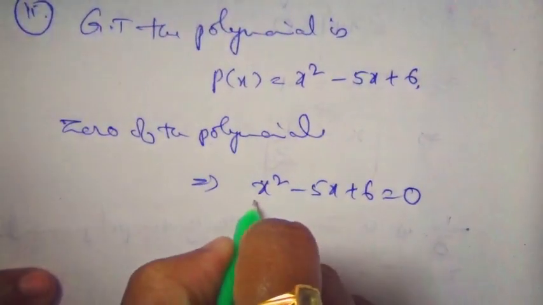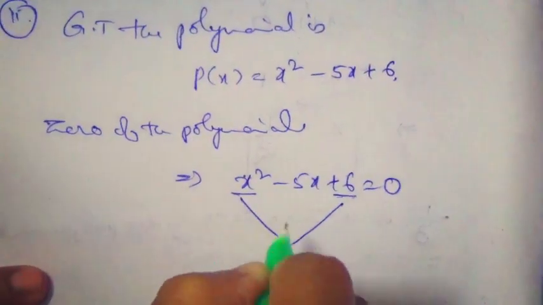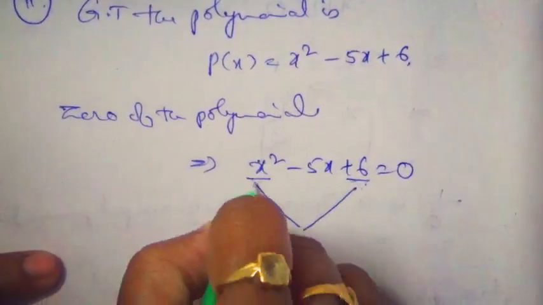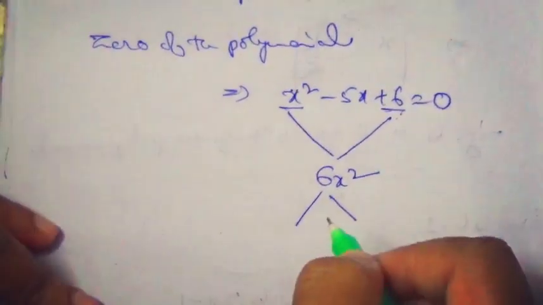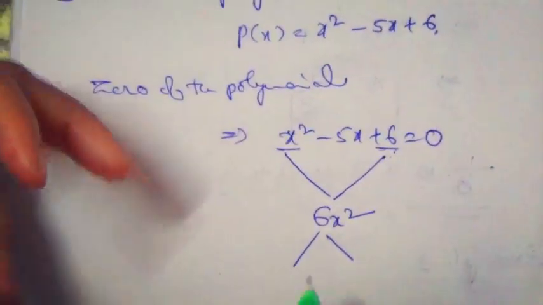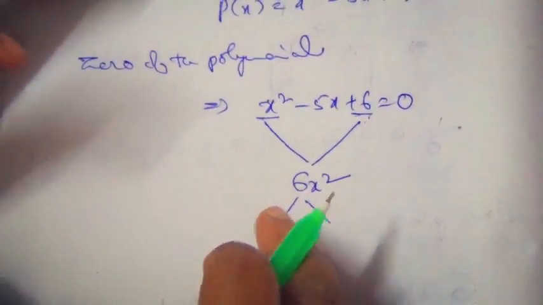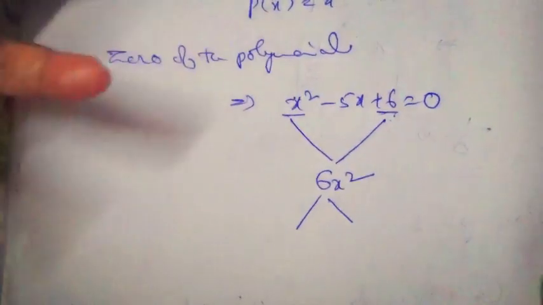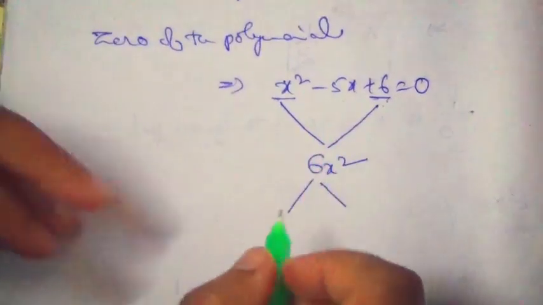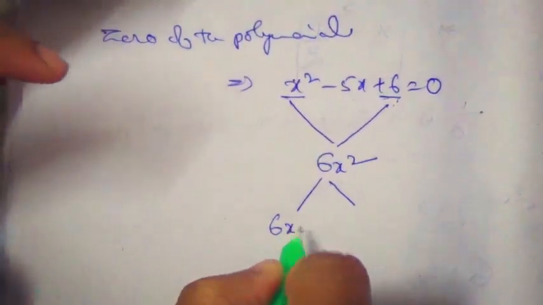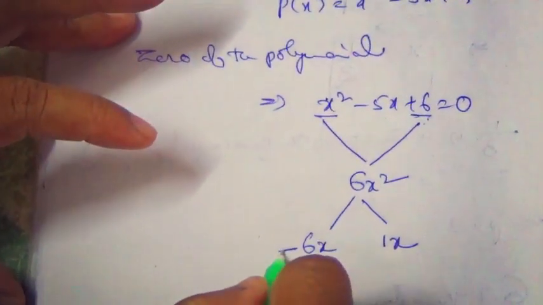Look here: take the x square term and the constant term and multiply them, 6 into x square, 6x square. You take two terms that multiply to give 6x square, and when you add the two terms you get minus 5x. Just like that you make the values 6x into 1x, so you keep minus here.